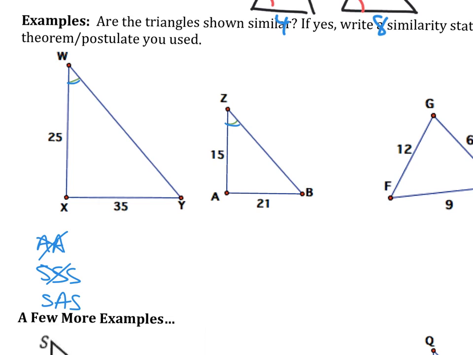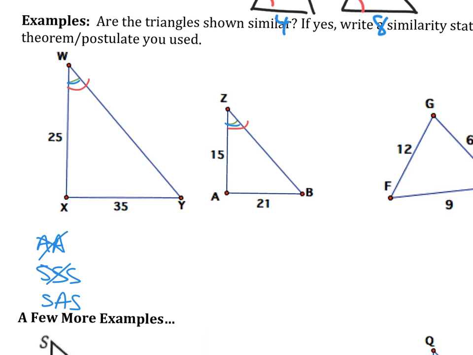So now I got side, angle, side. Is this side, angle, side? No. Why isn't it side, angle, side? The angle is not in between the two sides. What angles would they have to give us in order for it to be side, angle, side? W, X, Y, or just X and A. They didn't give us the included angles. If they gave us those angles, then it would be side, angle, side. But since they didn't, these angles up here are not the included angles.